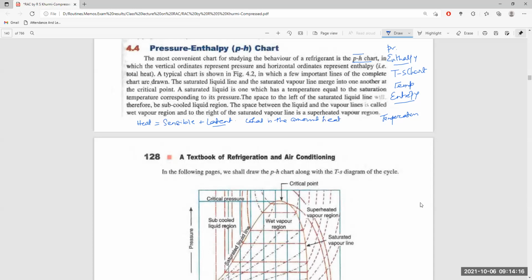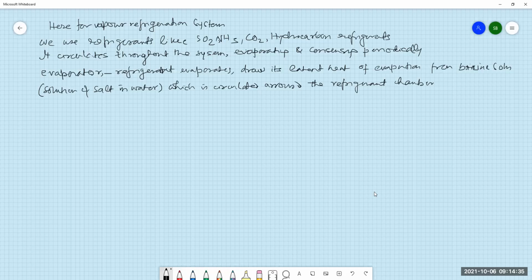Heat you are releasing or absorbing. What is enthalpy? What is entropy? We have heat.